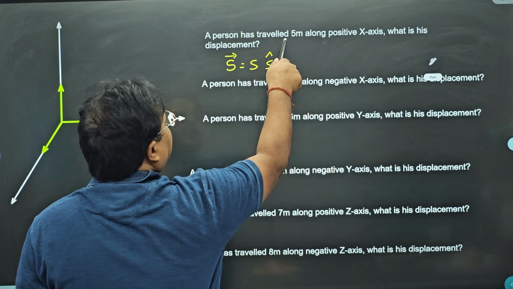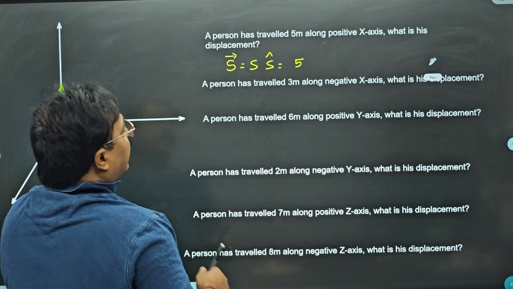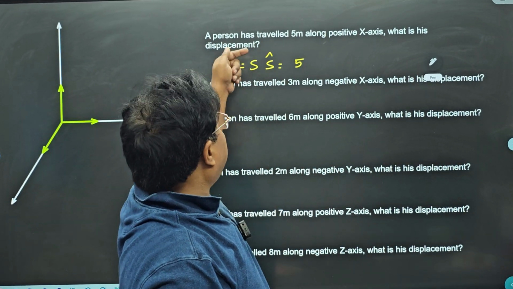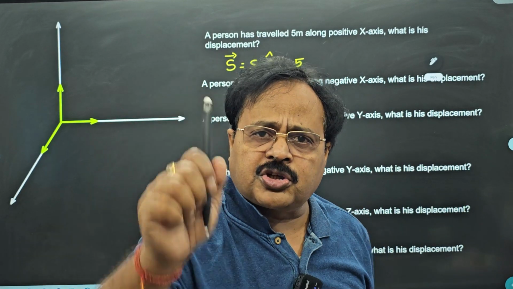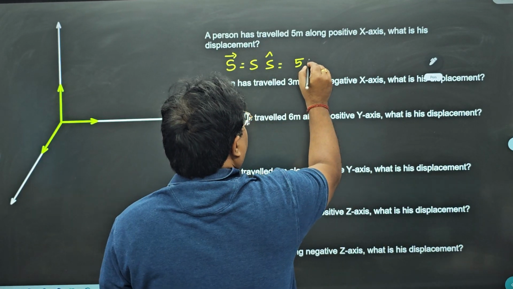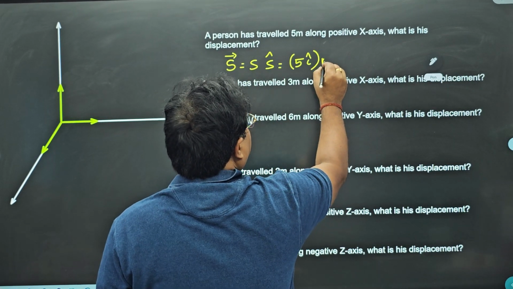The magnitude is 5 meter. Along which direction is he going? This person is going along the positive direction of x-axis. The unit vector along the positive direction of x-axis is i cap. So this is the complete vector displacement, and you write the unit meter here.